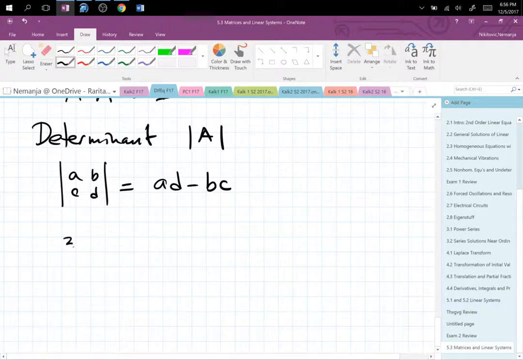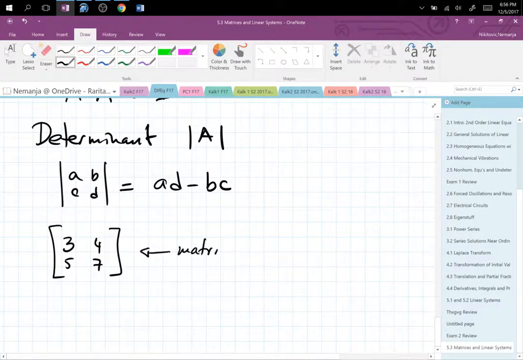So if I have 3, 4, 5, and 7 like this, this is just a matrix. Maybe it's defined as A or something, but it's just a matrix. And there's nothing you can do about it, you can just look at it, say it's pretty, and walk away, right?